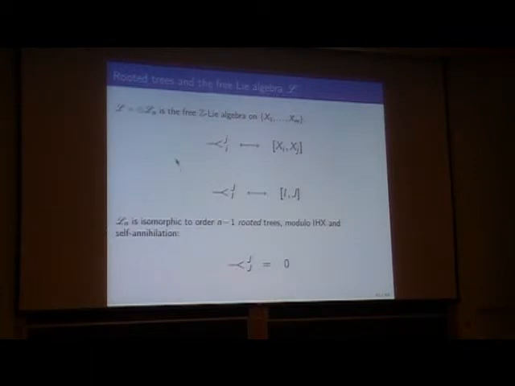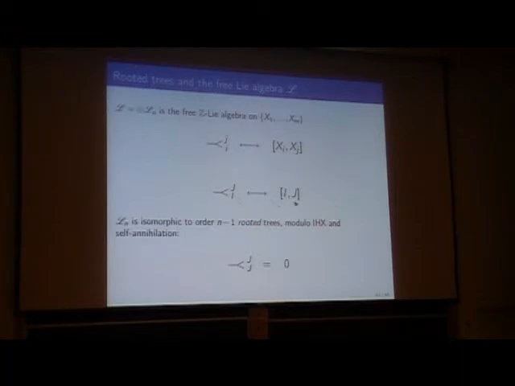So that's why we're going to define the free Z-Lie algebra on m generators. This m corresponds to the number of components of the link. And just remember, a rooted tree corresponds to a commutator by this picture. Remember, there are orientations here. That's where you get the ordering of the components in the commutator.